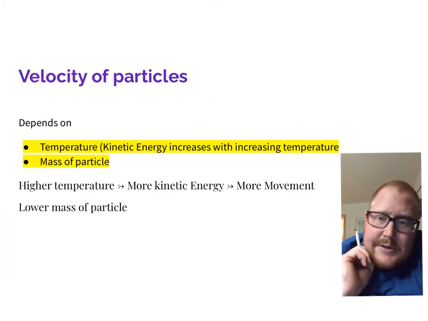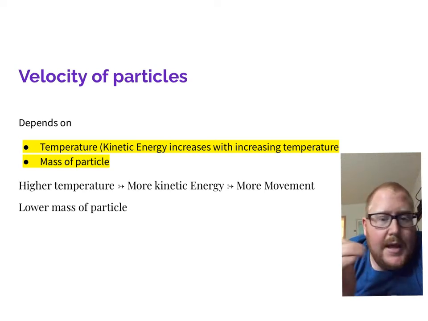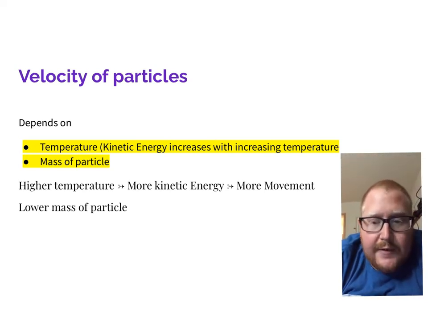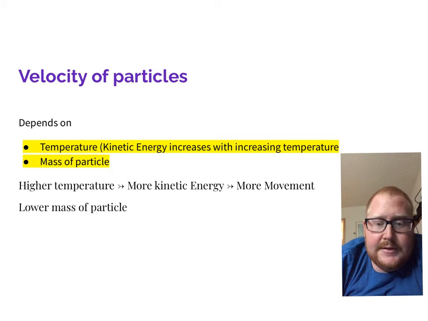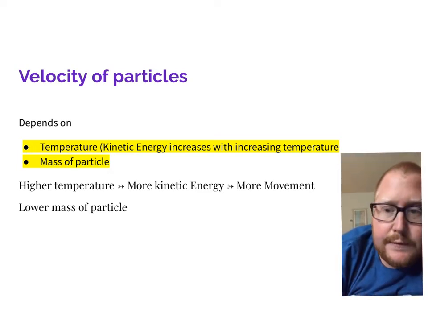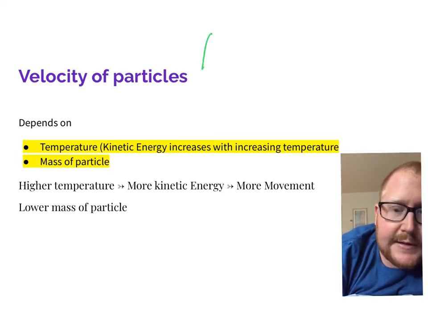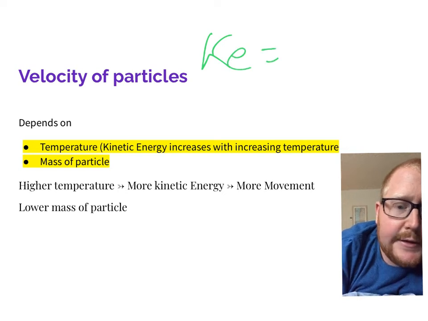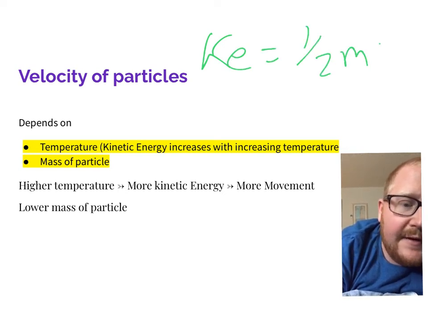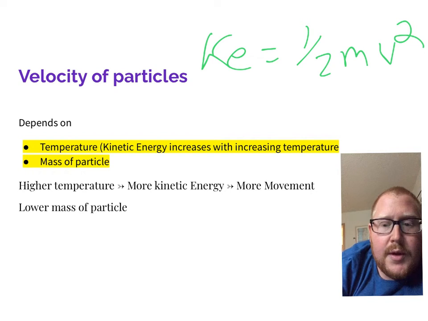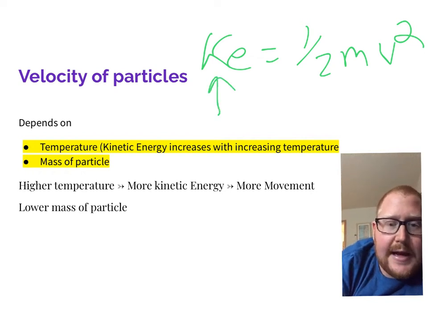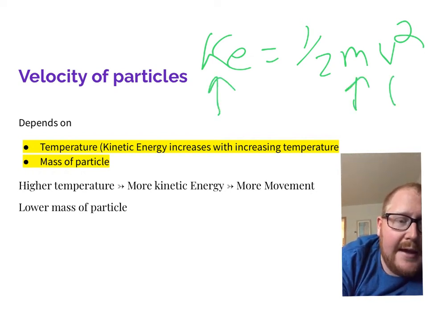The last slide was a little bit of an oversimplification. How fast the particles are actually moving is going to depend on 2 things. If you remember from last year physical science, you know that kinetic energy equals 1/2 mv squared. So the kinetic energy depends on mass and velocity.